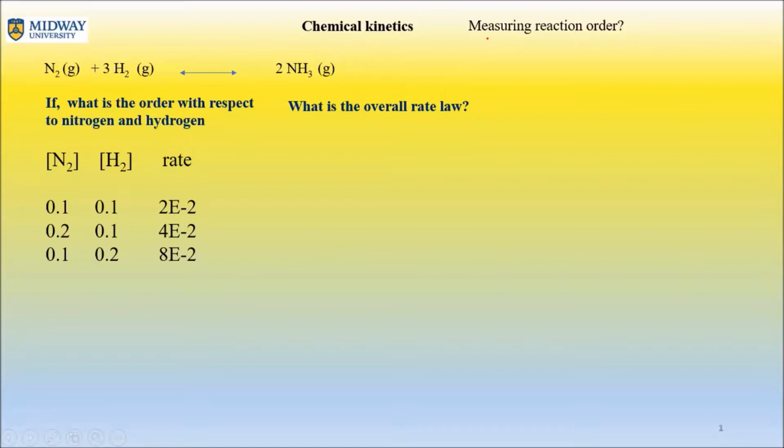So while the major objective of this particular video initially is measuring reaction order, the question also calls for what is the overall rate law. So what we are really looking for is rate equals k times, as I said, you write rate laws typically with respect to nitrogen. So you write k times N2 times H2. This is a standard format.